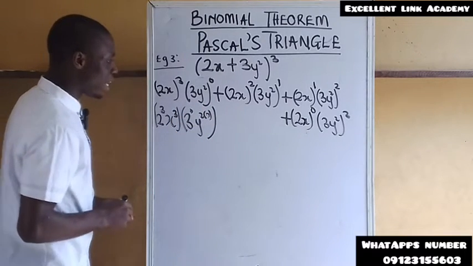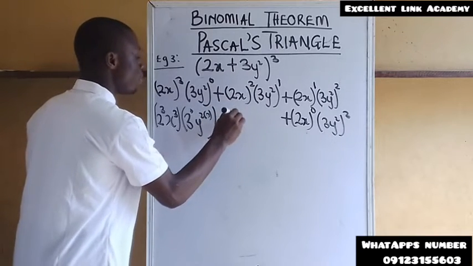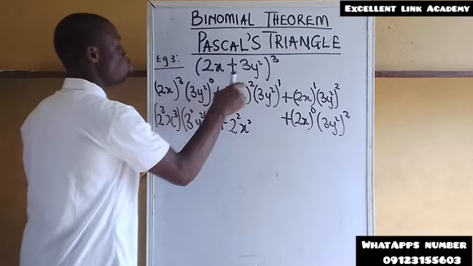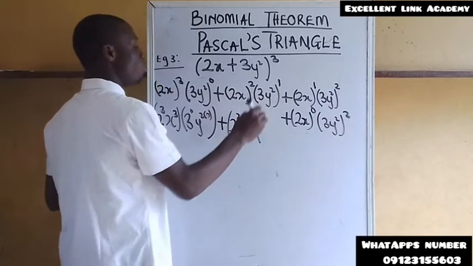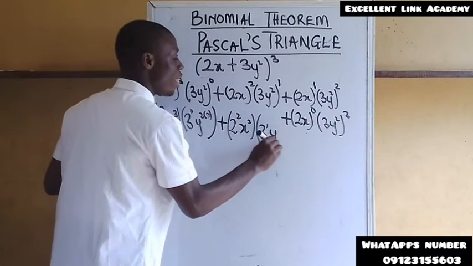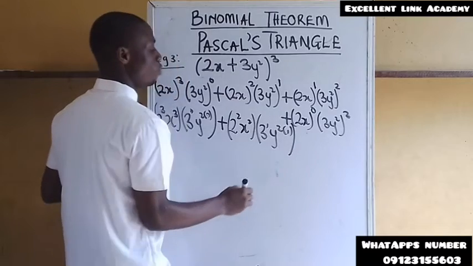What's my next task? That becomes plus, I have 2 to the power of 2, x to the power of 2. These two will be affected by the 2, as we said previously. So this is power 1, y is power 2 into 1. I'm done with that.